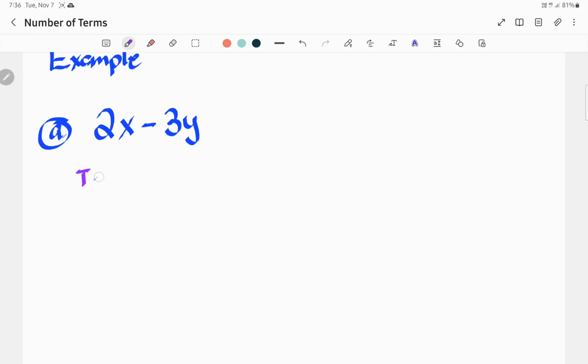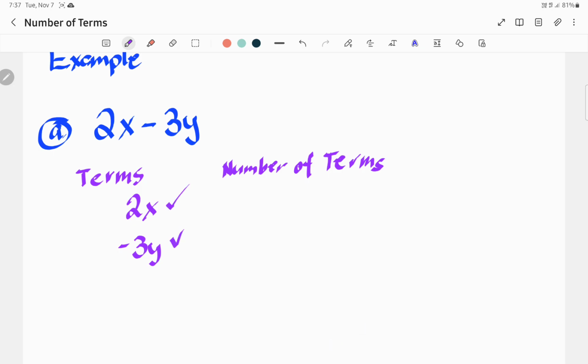The first term is 2x, and the other term is negative 3y. When you talk about the number of terms, you count them. So we have 1, 2. Therefore, the number of terms here is 2 for the expression 2x minus 3y.